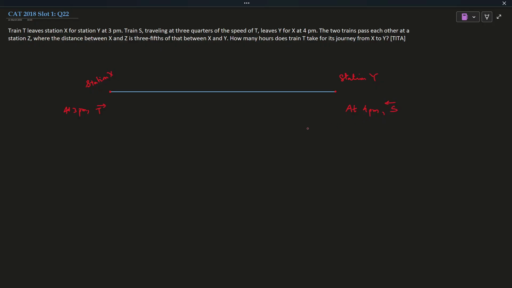Train S leaves from Y to X. There's a station Z, 3/5 between X and Y.